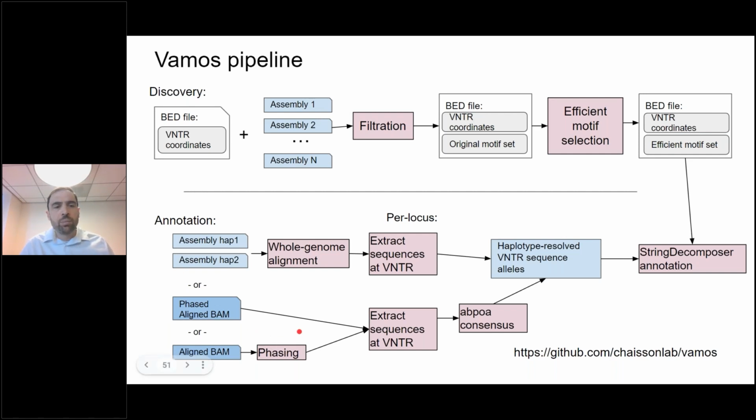We have a quick heuristic for max cut that we use for phasing reads. And then similar to the assembly approach, we extract sequences that overlap a VNTR. We find the consensus of those sequences, and then we essentially have two haplotype resolved VNTR sequences per locus, one for each allele, and we run those through the string decomposer algorithm using the efficient motif set that we defined in this discovery phase.